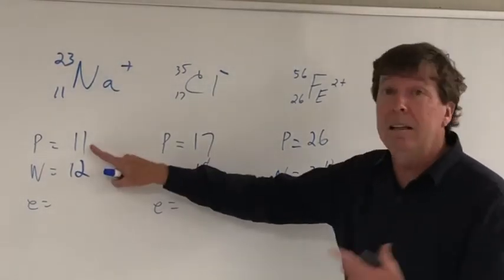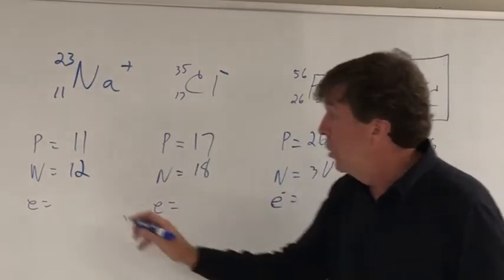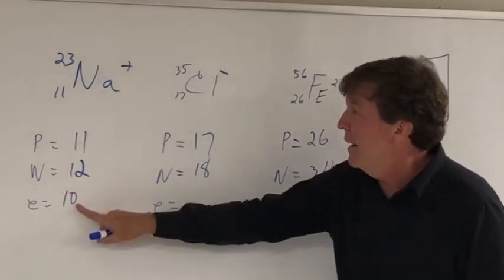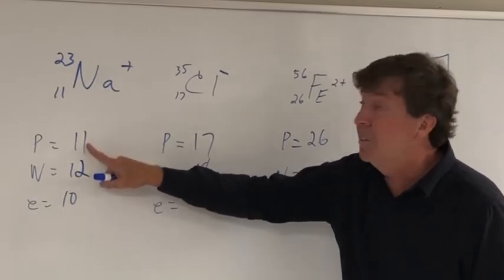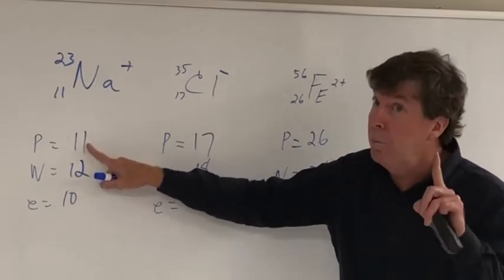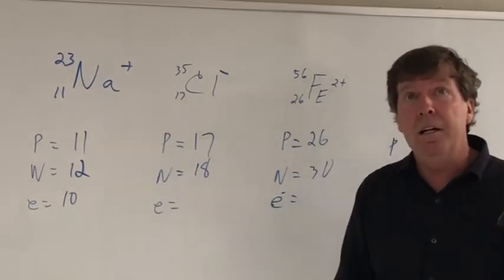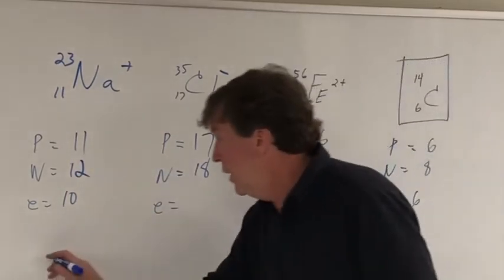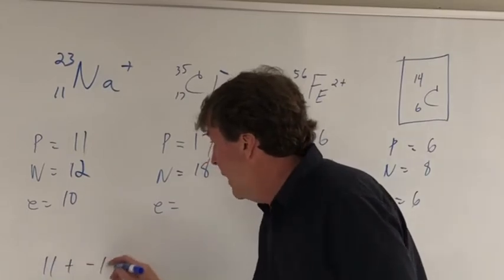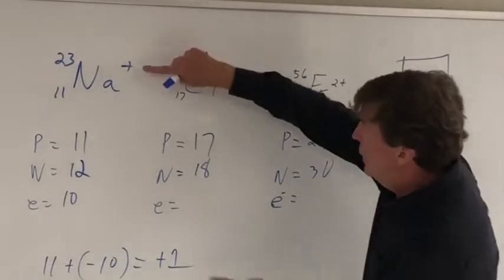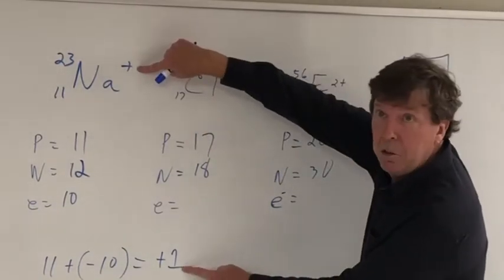So we've got 11 positives here, so we're going to have 10 negatives. If you do the math, remembering that protons are positive and electrons are negative, 11 plus negative 10 equals positive 1, and notice that's where that positive comes from.